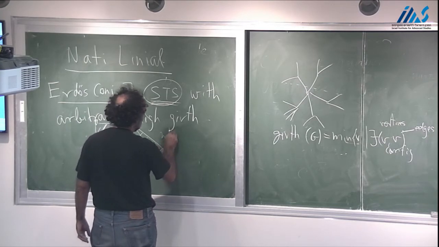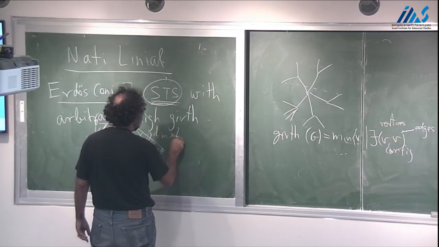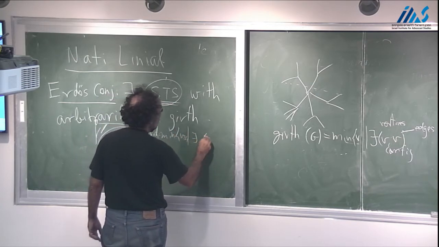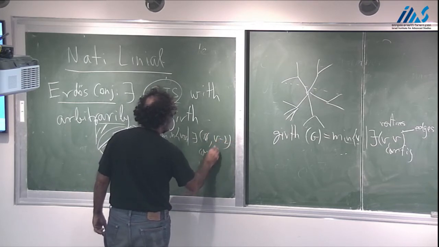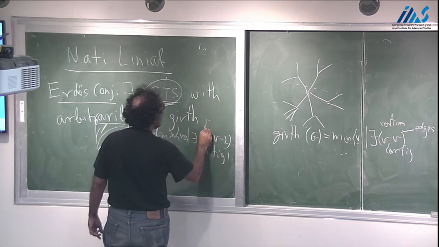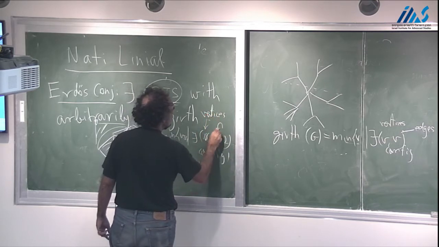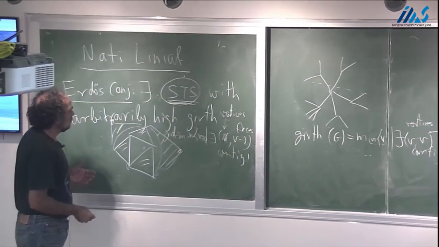So the girth is the minimum v, at least 4, such that there exists a (v, v minus 2) configuration, with these vertices and these faces. So that's the notion of sparsity that I'm talking about.